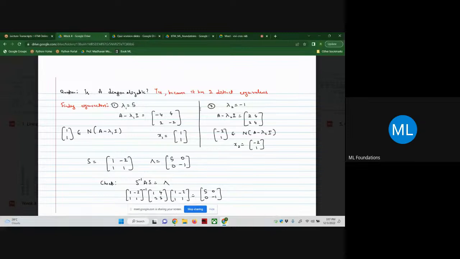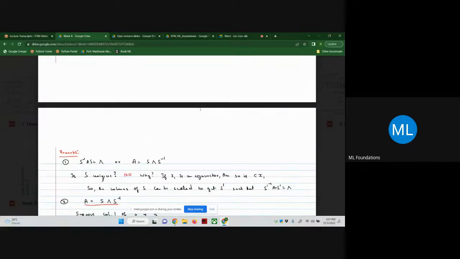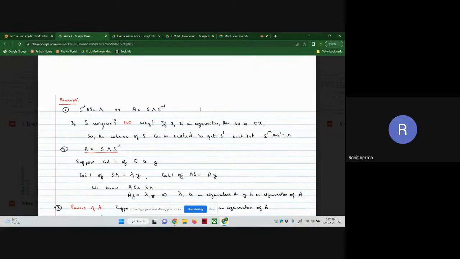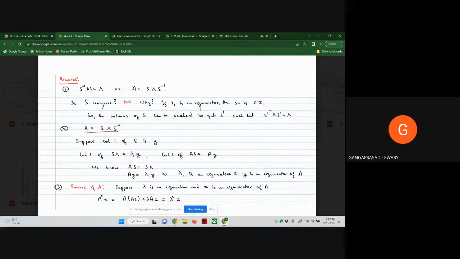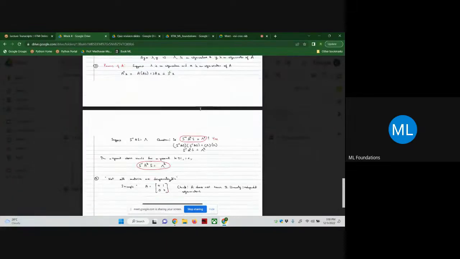Previously we said it should have independent eigenvectors, and now that we have established that distinct eigenvalues give you independent eigenvectors, for a matrix A to be diagonalizable, it should have n independent eigenvectors. Clear? If it has distinct eigenvalues, then that means it will have independent eigenvectors.